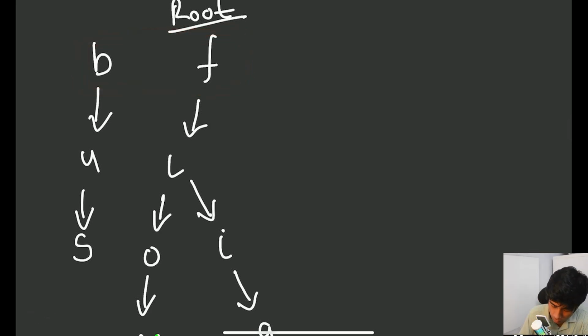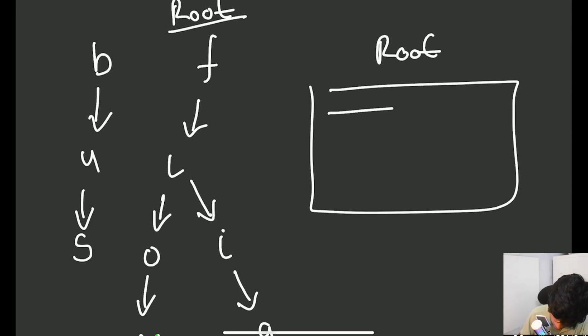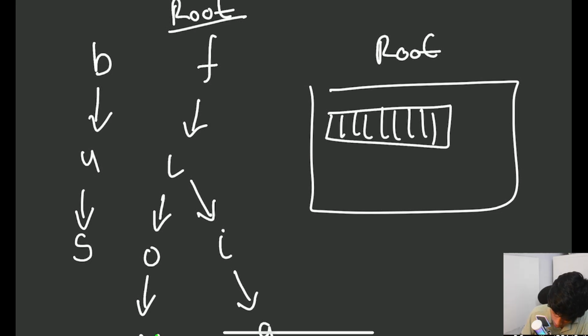So this is how my root node would look like. I'll have my array of 26 pointers here, or object ID references, and somewhere at B and somewhere at F I'll have some number which is the object ID reference to that node B and node F. Now if you observe, the rest are all null.